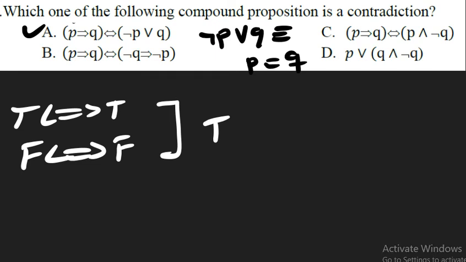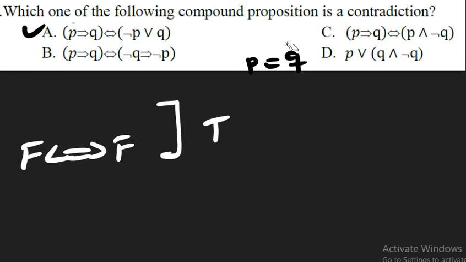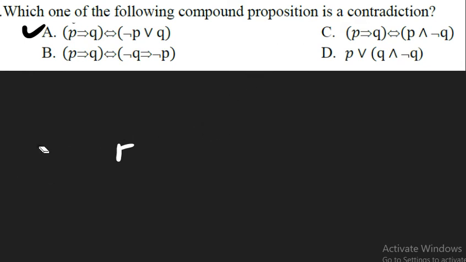When you come to B, it says P implies Q, then by implication, negation Q implies negation P. Don't forget that.